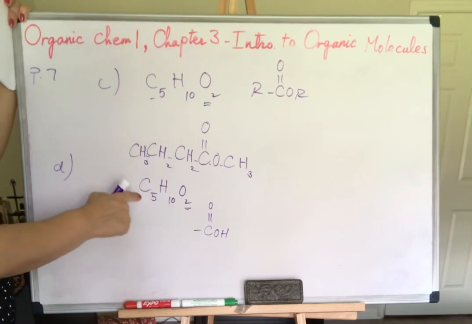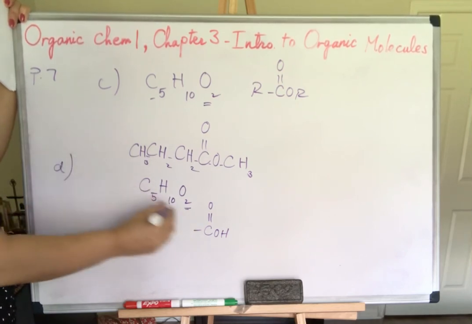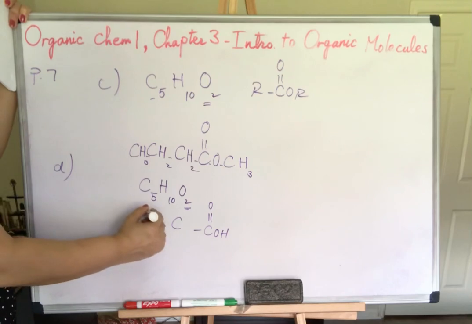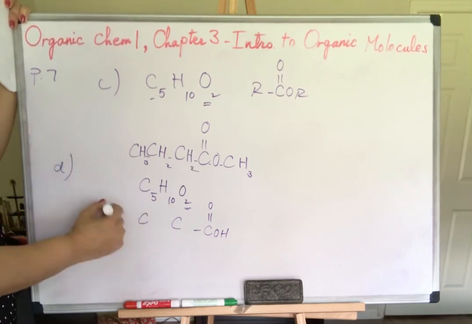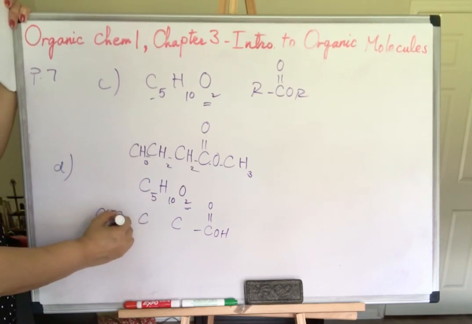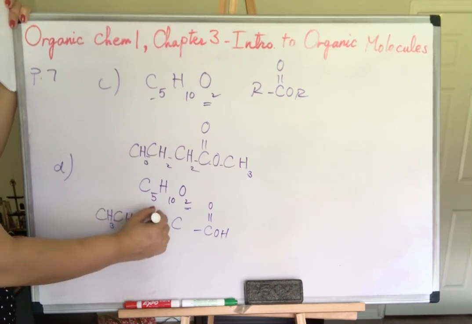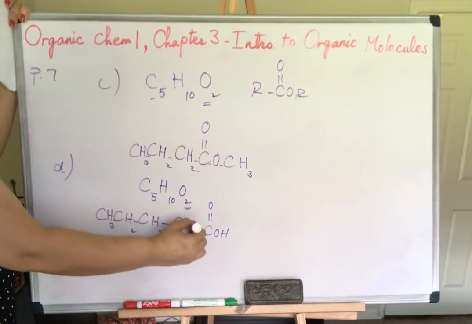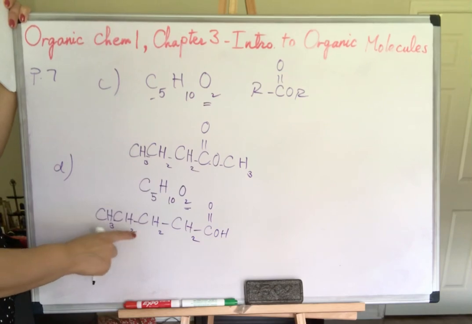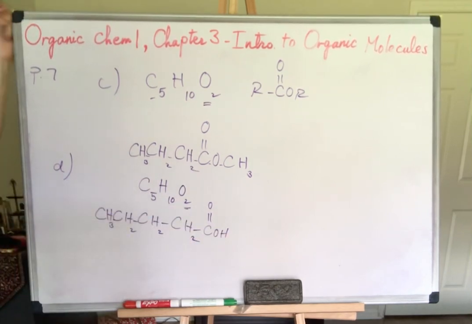We need 4 more carbons and 9 more hydrogens. 1, 2, 3, and 4. The end needs 3, CH2, CH2, and CH2. So 3, 5, 7, 9, and 10. So all the atoms match.